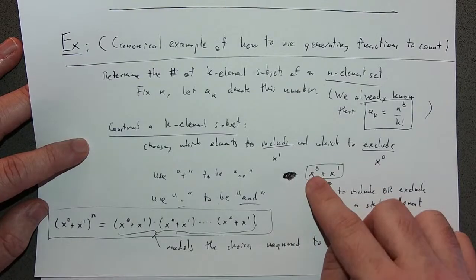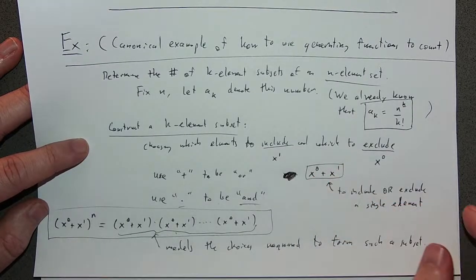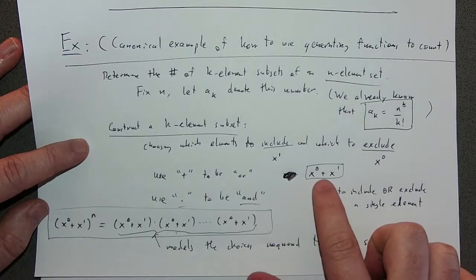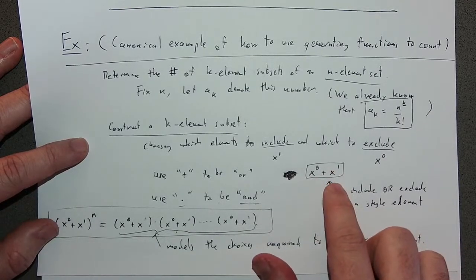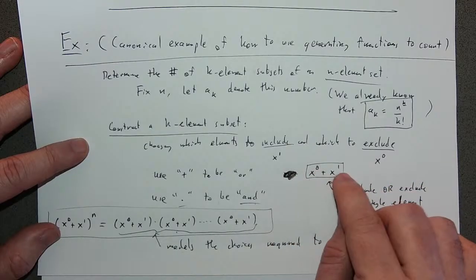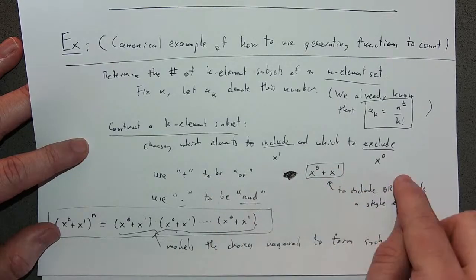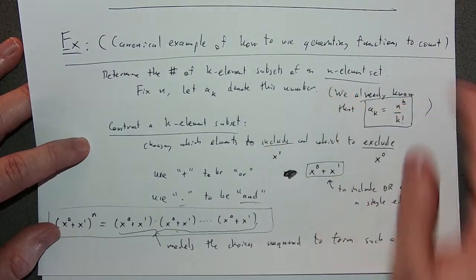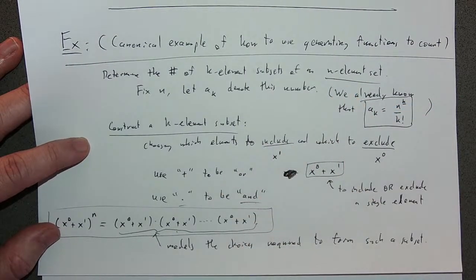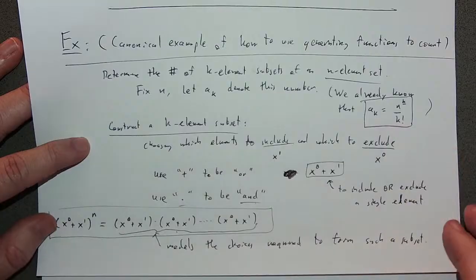X to the 0 if you don't pick it, x to the first if you do pick it. That is the binomial 1 plus x, right? So 1 plus x is the choice being made, the 0 or the 1, for each element in the n element set.